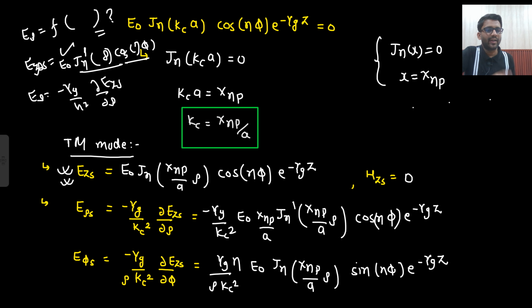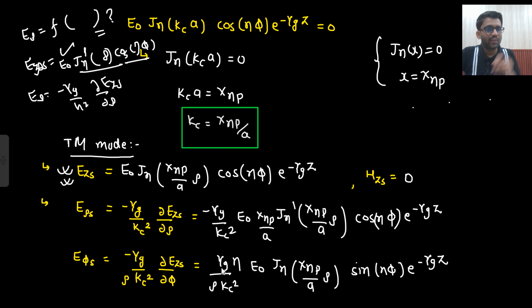In case of circular waveguide, it is not worth remembering what E rho and E phi are functions of. In case of rectangular waveguide, it was very easy to remember. We remember that Ez was a function of sin x sin y, Hz was a function of cos x cos y, and Ex was a function of cos x sin y. So from there we could write down everything, and it was the same for both TE and TM mode. But as of now we have derived only for TM mode.